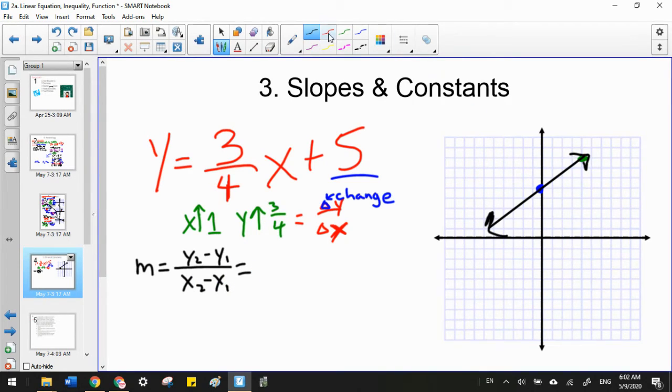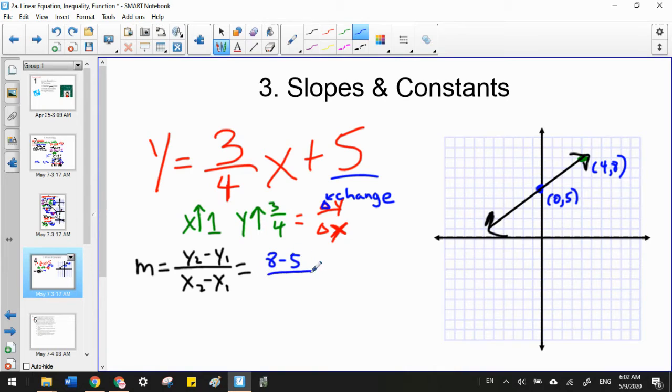Let's say I use the 2 points I started with here, which are 0, 5 and then 4, 8. So then what you're used to doing is picking an x1, y1, and x2, y2, and then putting it through the formula.